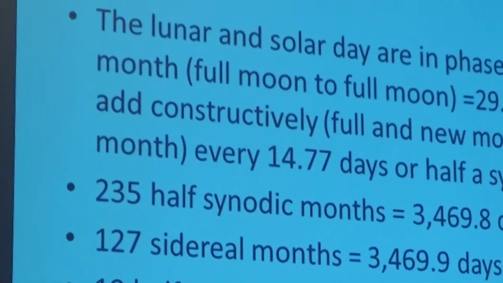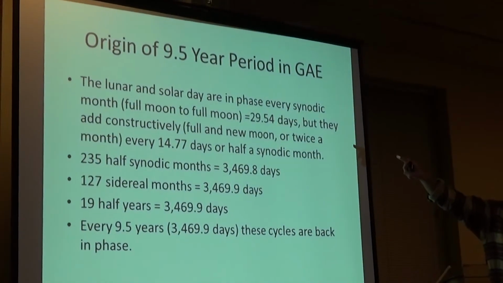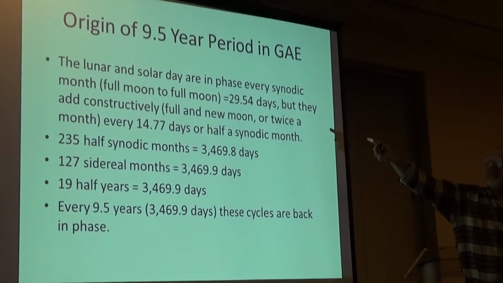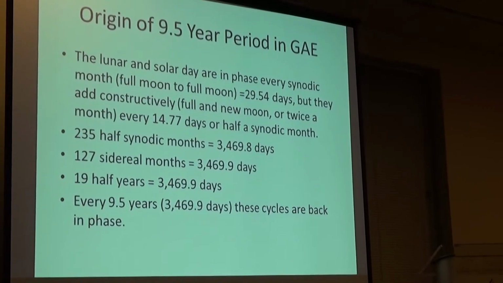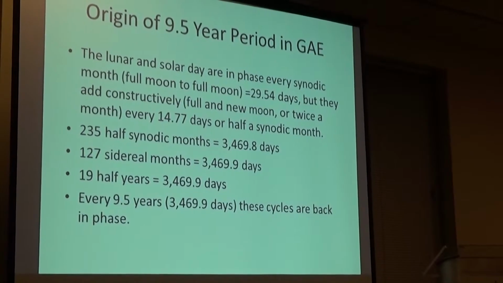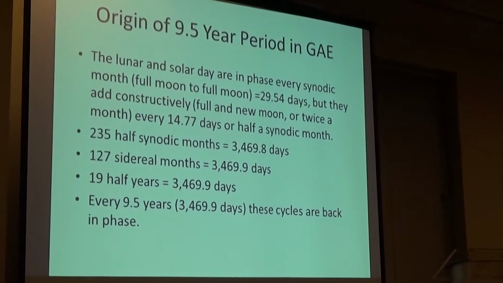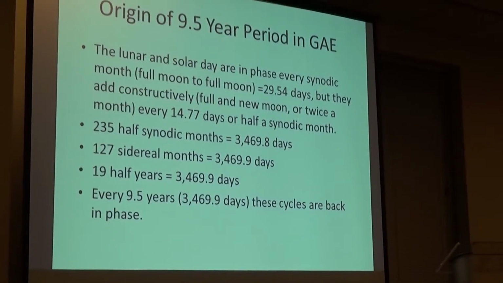So what does 9.5 years correspond to? If you look at the anomaly for both the lunar and solar day, they would add constructively twice every synodic month. They would have a period of 14.77 days.